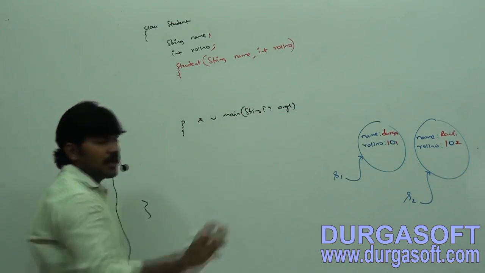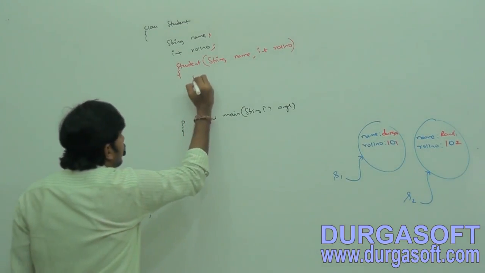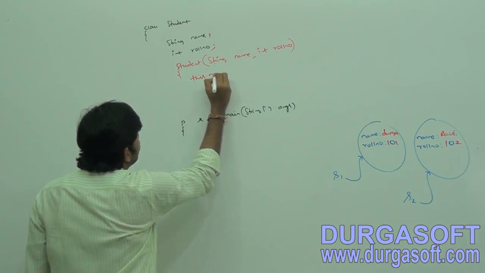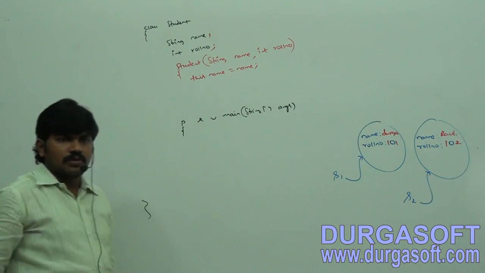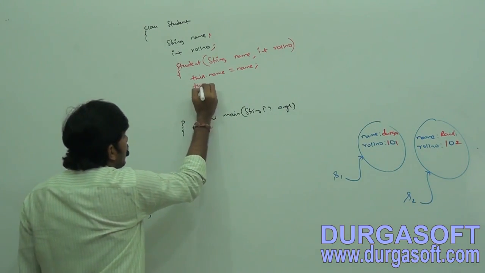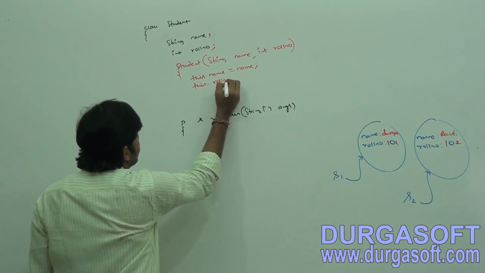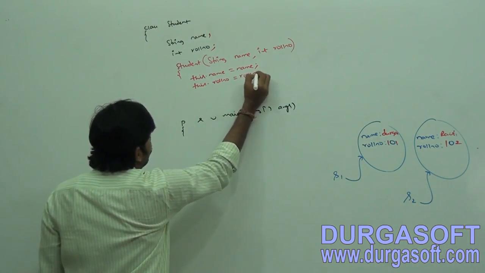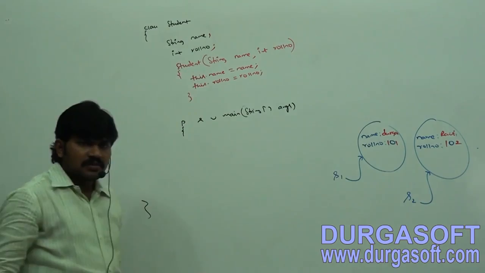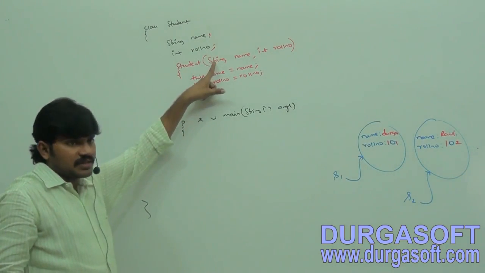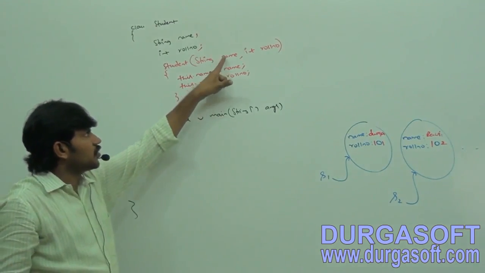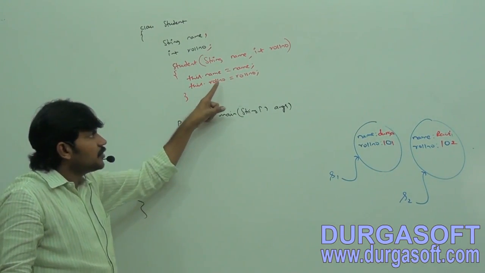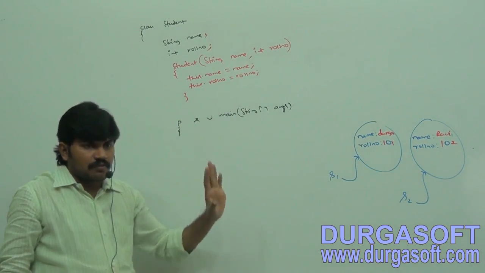Student(String name, int rollNumber). Now this.name = name, this.rollNumber = rollNumber. Do you know what this concept is? The constructor. Student(String name): the current object's name is your provided name, and the current object's roll number is your provided roll number.